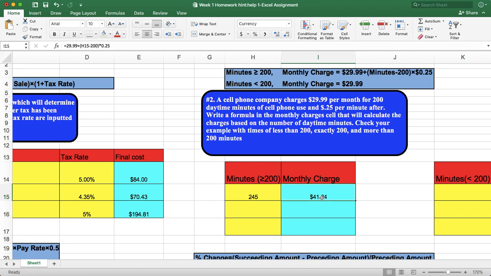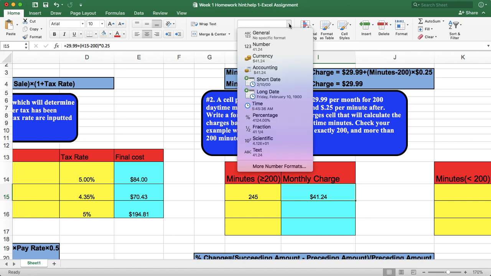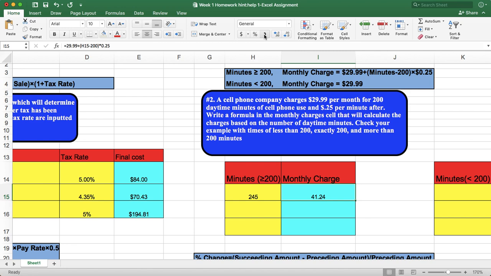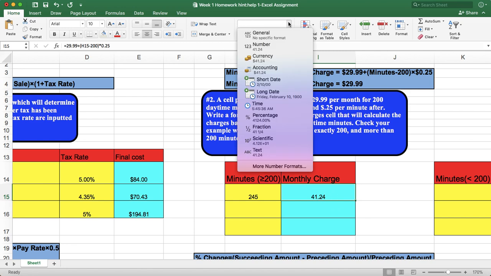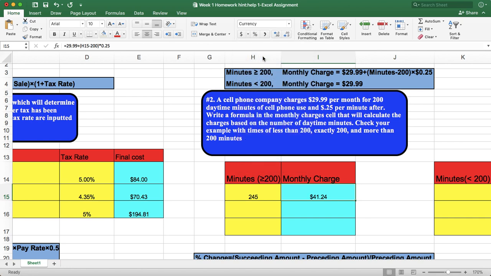If you click this cell, you can change the number in this cell to another number you want. For example, I want it to be general. Oh, the dollar sign disappeared. But I want it to come back to currency and have a dollar sign on.